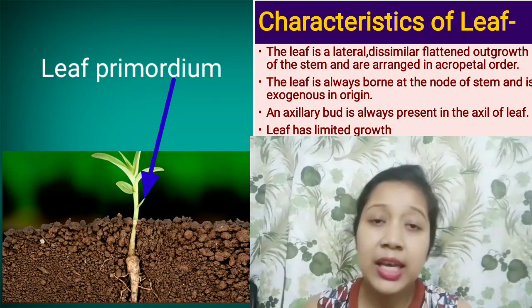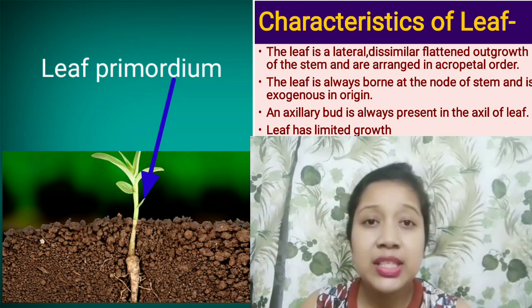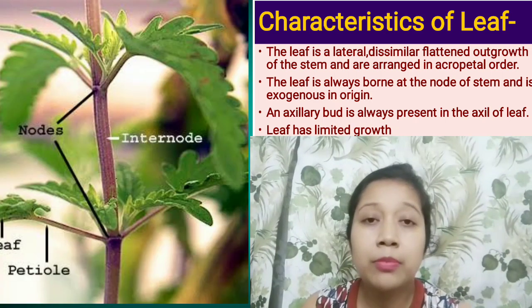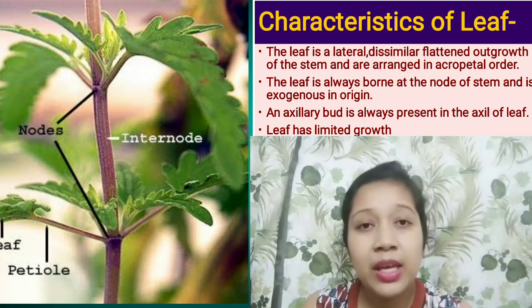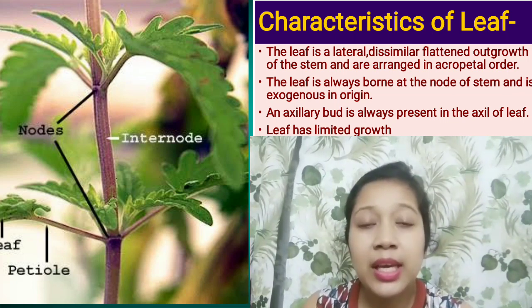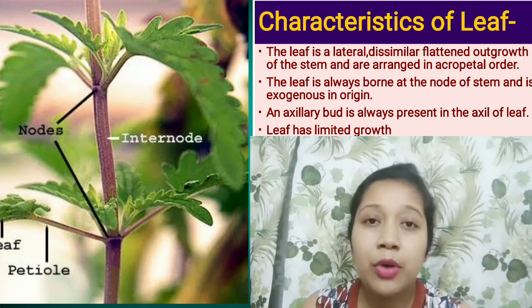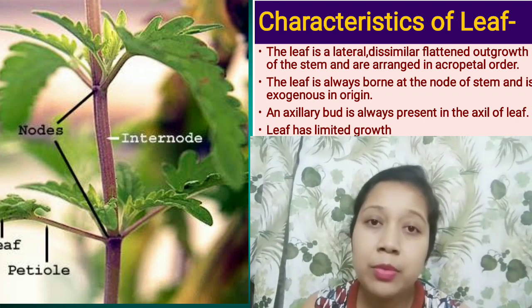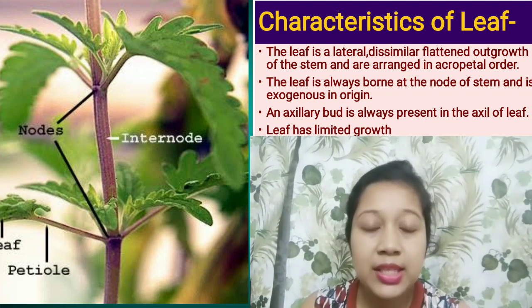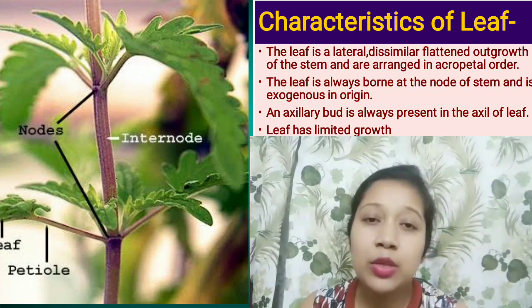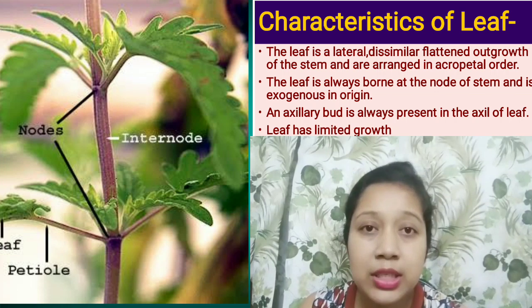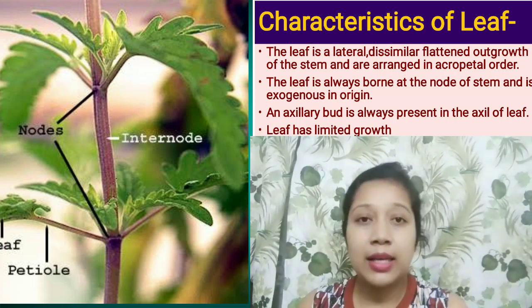As the stem axis increases in length, the leaf primordium grows from each of the nodes of the stem, and therefore the leaves have their origin from the nodes of the stem. In very simple words, they are formed from the leaf primordia during the embryonic stage, and as the stem elongates, they always form from those special structures called nodes, which are found on the stem, as we discussed in the last class.